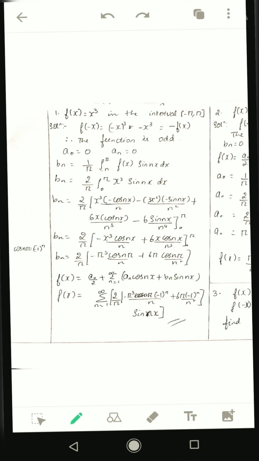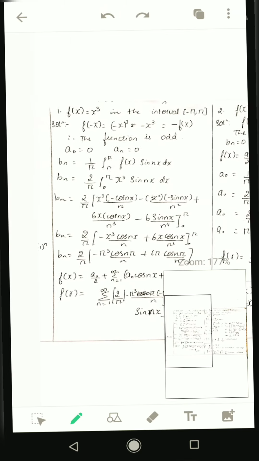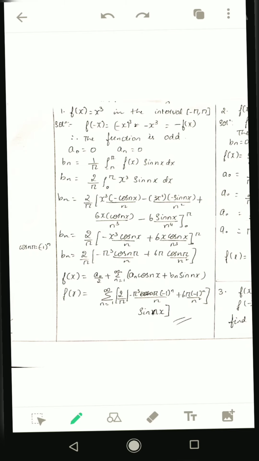Since they are 0, you will not write a naught and an, and you will directly write bn sin nx. So the value of bn is here. I've written bn sin x, and cos n pi is minus 1 to the power n. This was the general term which I had shown you in the second slide.